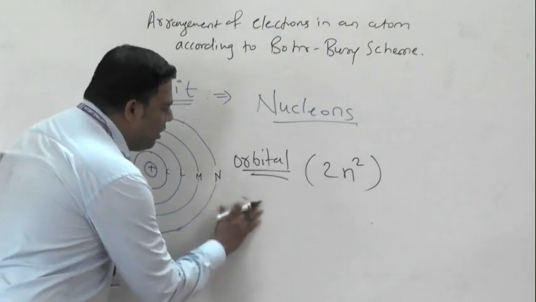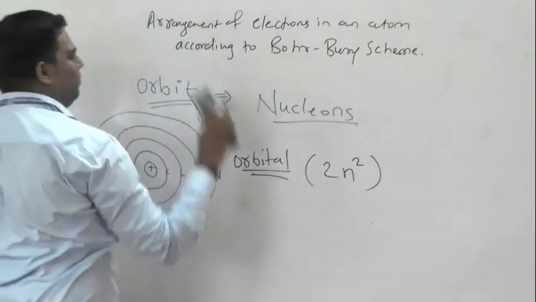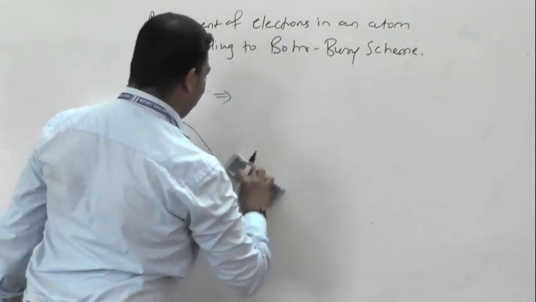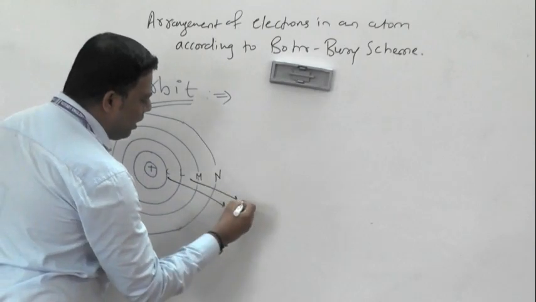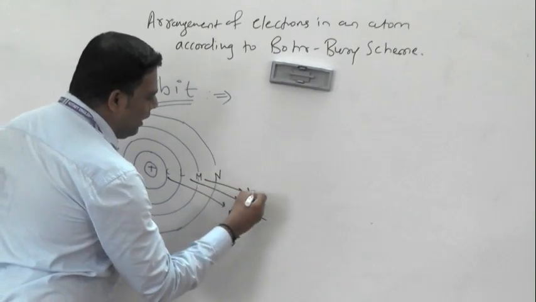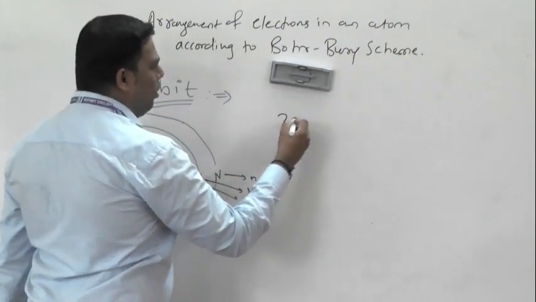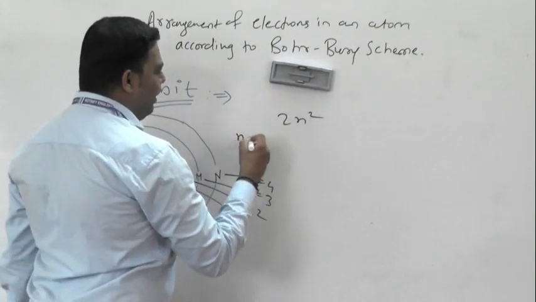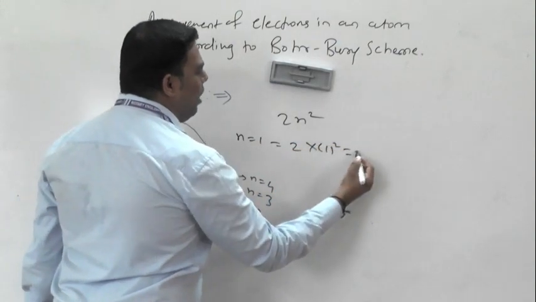For n equal to 1, n equal to 2, n equal to 3 and n equal to 4. According to our 2n² formula, when n is equal to 1, 2 into 1 square is 2.